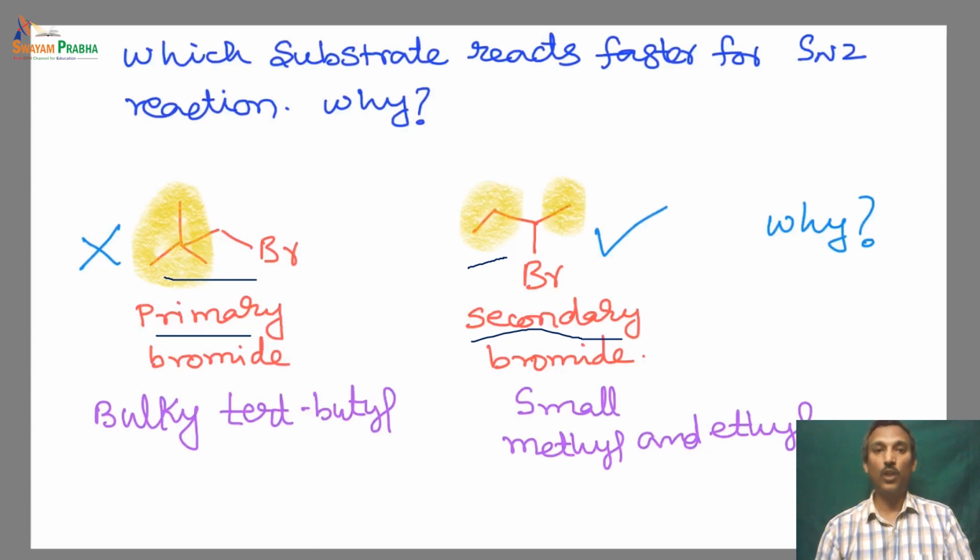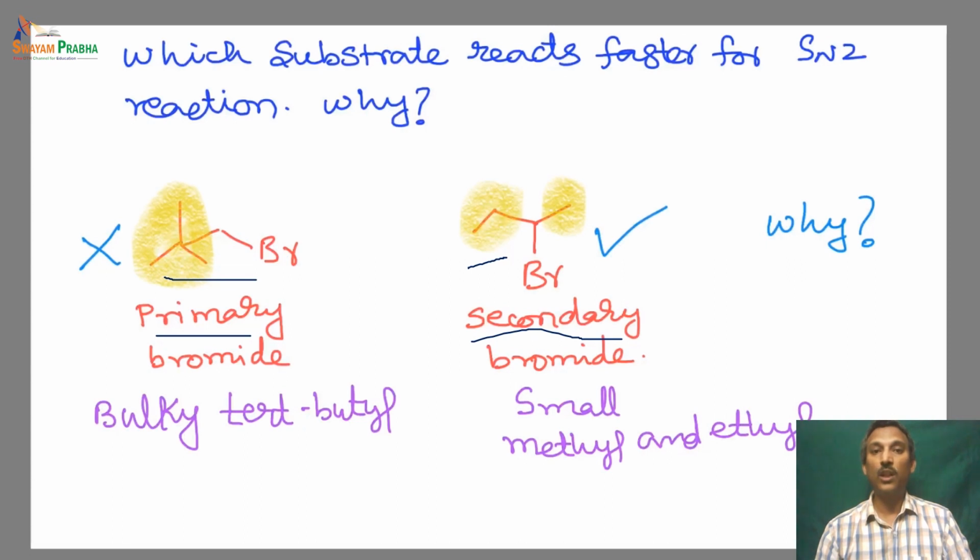Now one thing you have to remember: both the substrates undergo the reaction. It is not that one only undergoes reaction and the other one does not. Both undergo the reaction, but at what rate? Which one reacts faster and which one reacts slower? This is what we are looking at in this particular case. So don't get confused by whether this will undergo reaction by one mechanism or not.